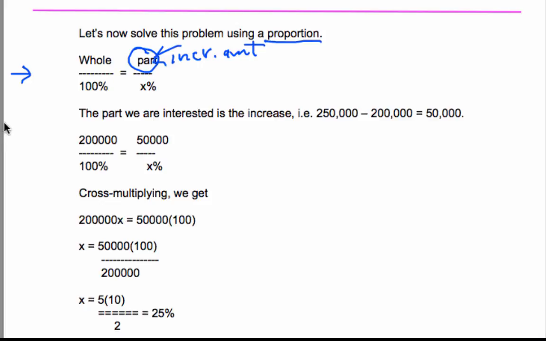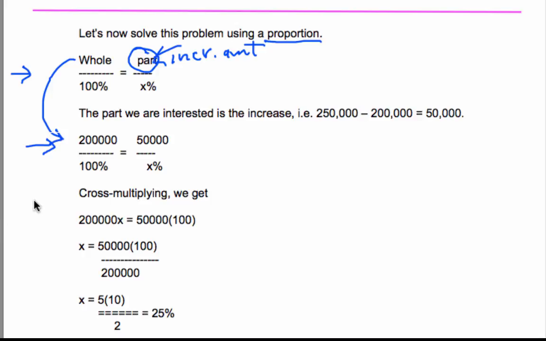So let's plug in. The whole is going to be 200,000. And the part, the increased amount, is going to be found by subtracting the new value of the house minus the original value of the house to give us $50,000, the way we saw in the power formula.